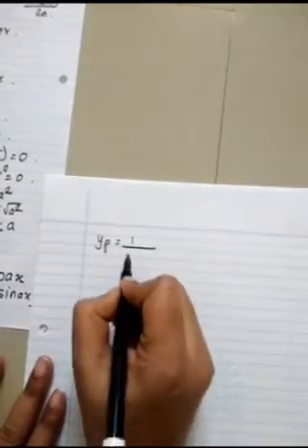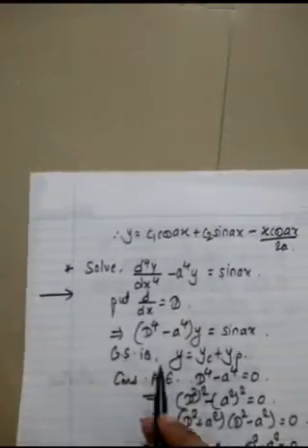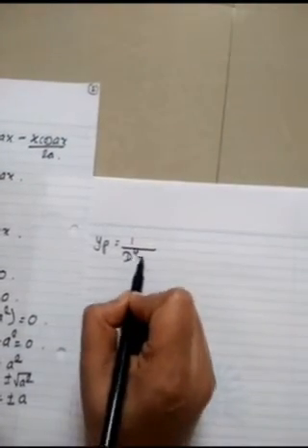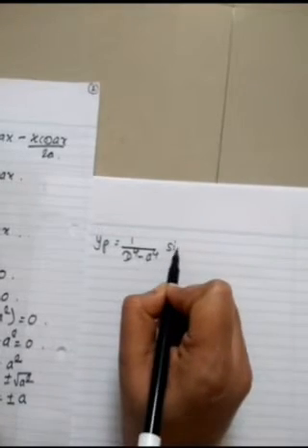Then we'll go to yp. Yp is 1 upon d raised to 4 minus a raised to 4 into sin ax.